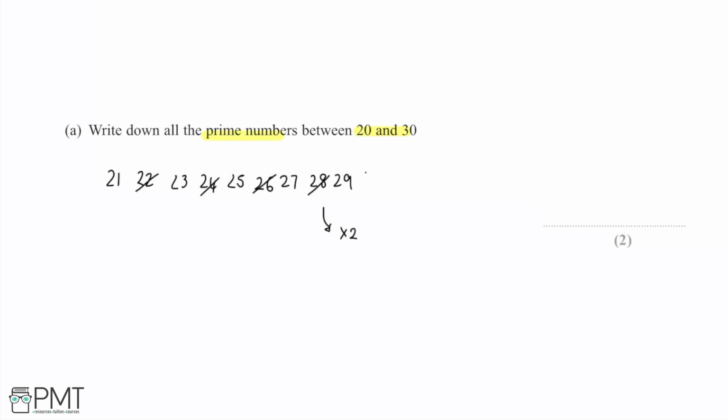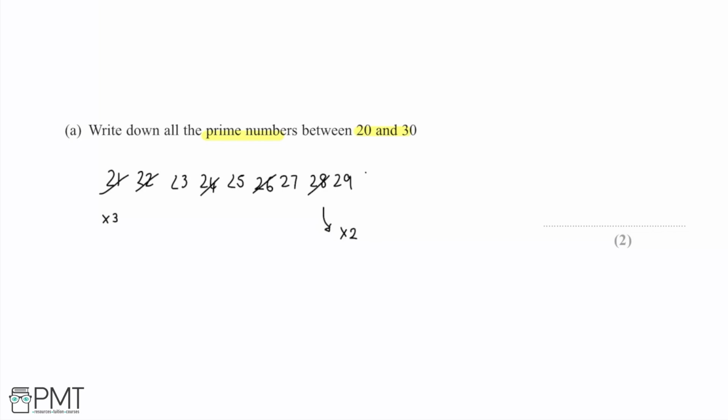Now similarly here, if we're working with consecutive numbers between 20 and 30, I know that there's going to be multiples of 3 within here. Now 21 is going to be 7 multiplied by 3, so I can cross this one off as it has a factor of 3 and a factor of 7, but either way we know that it's not prime.